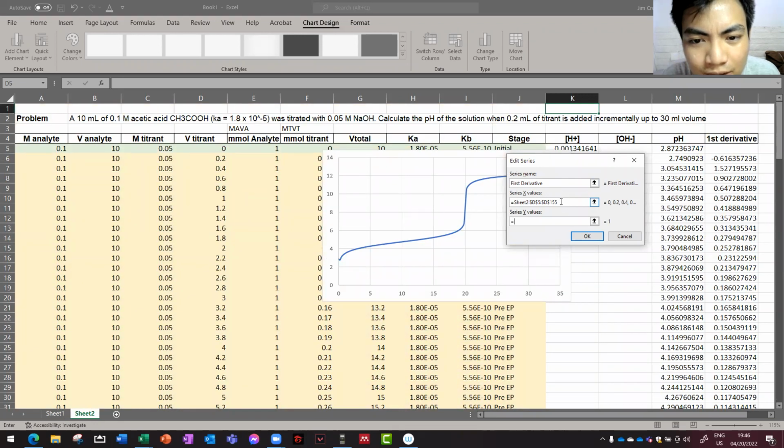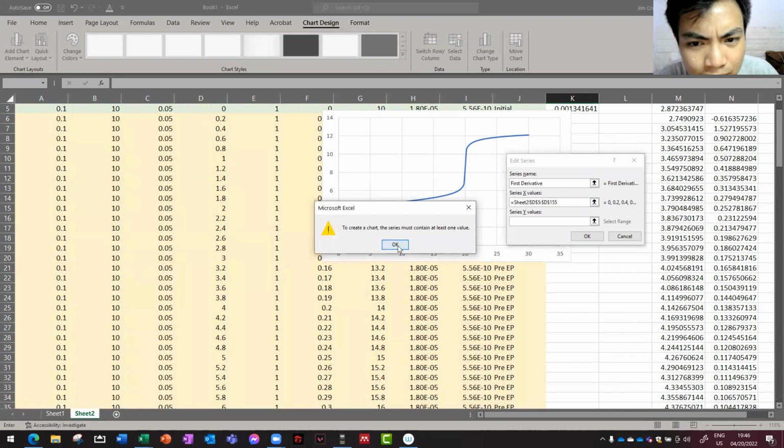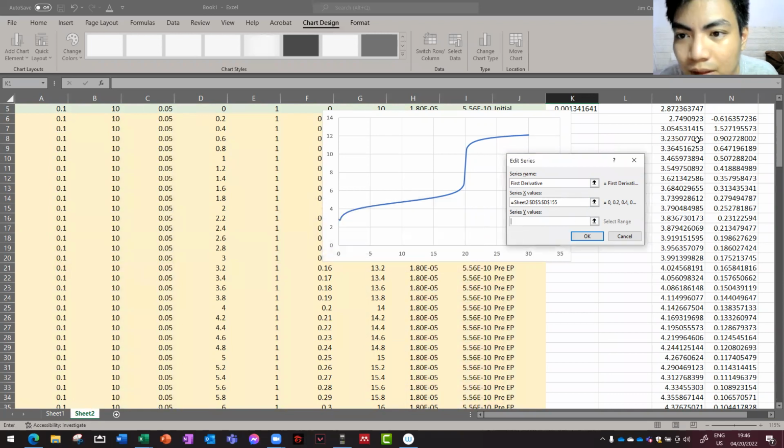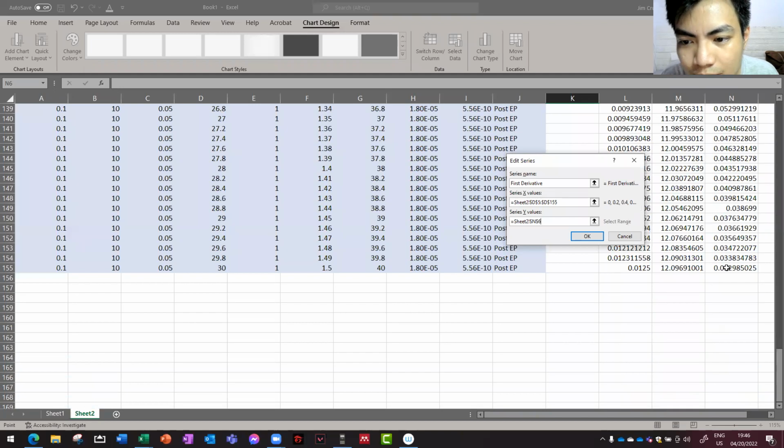Oops, sorry. I forgot to mention that you should not start at 0 for the first derivative. I'll change this to 6. Anyway, let me select this. It's kind of stubborn.